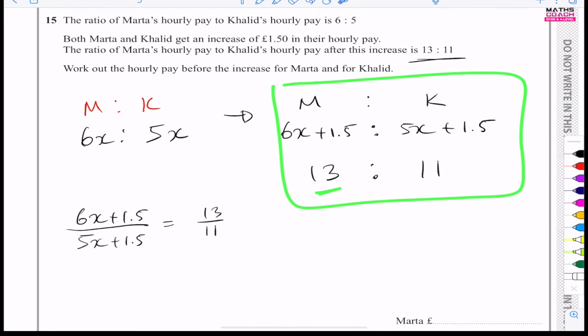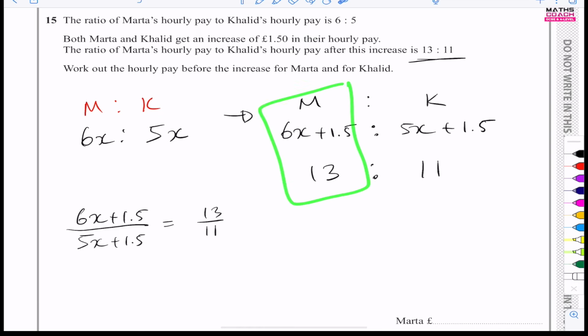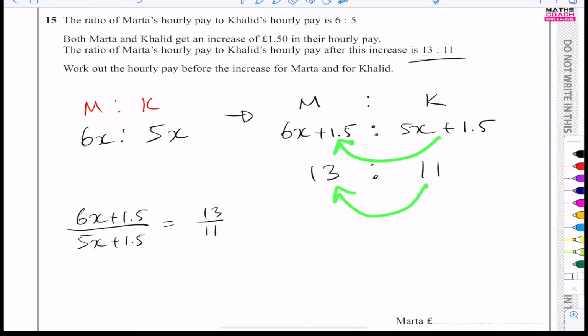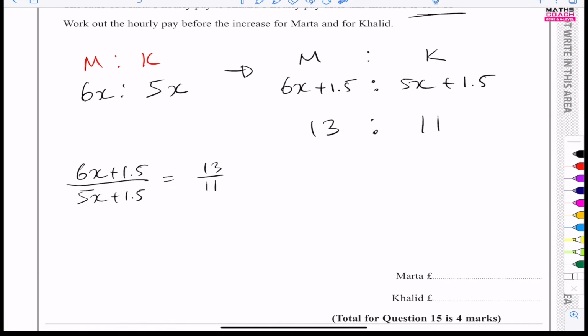Well, 13 to 11 is the new ratio after their pay increase. Okay, and this is what the pay increase looks like. So that means they are equivalent. So therefore, this divided by that is equal to that divided by that. Likewise, 11 divided by 13 will be equal to 5x plus 1.5 divided by 6x plus 1.5. Okay, same way. So I just need to solve this now.